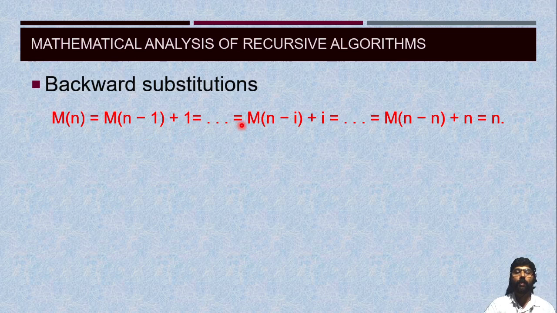When you apply the same, you get m of n minus 2 plus 2, m of n minus 3 plus 3. It is m of n minus i plus i. When you go further, you get m of n minus n plus n. Here the n minus n is removed, and you get the final result n. That means our algorithm is a linear function.